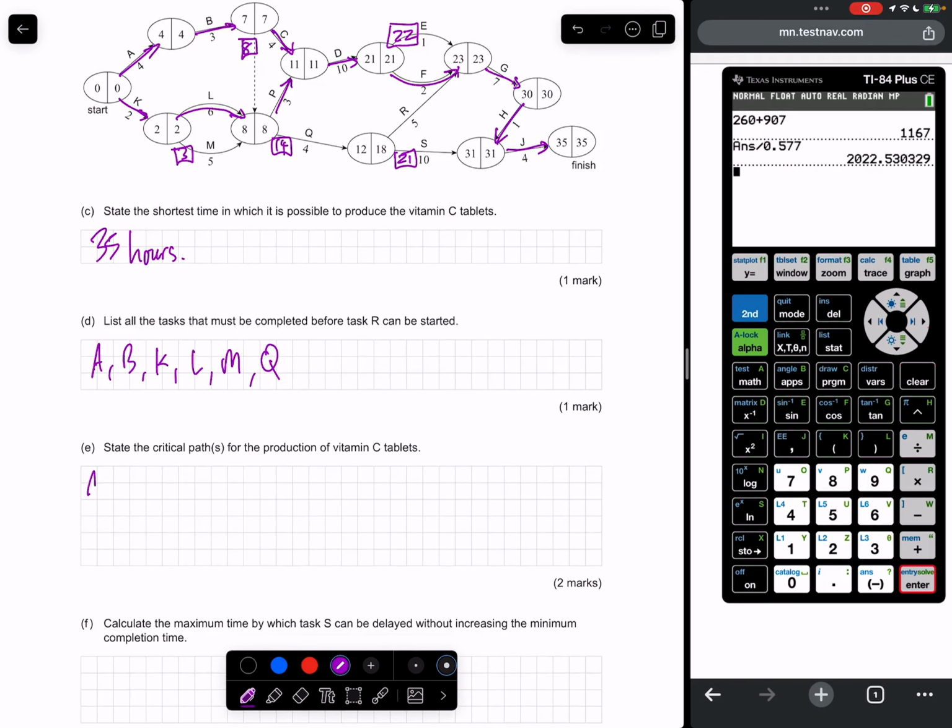So we have A, B, C, D, F, G, H, J, or K, L, P, D, same from now.